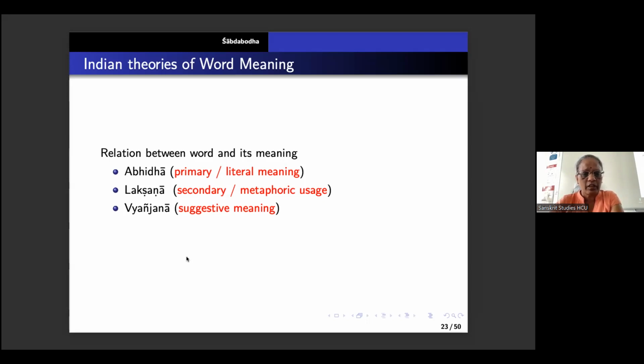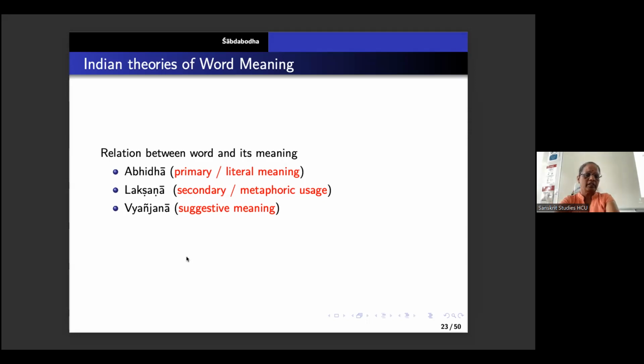They don't accept the metaphoric usage. Whereas the logicians accept all the 3 meanings. There is a primary meaning, which is the literal meaning. The meaning of Simha is lion. Then the metaphoric usage, meaning of lion is bravery. And there is some suggestive meaning also.